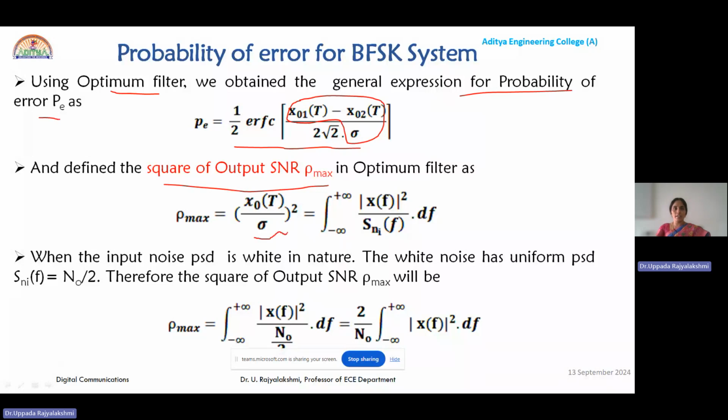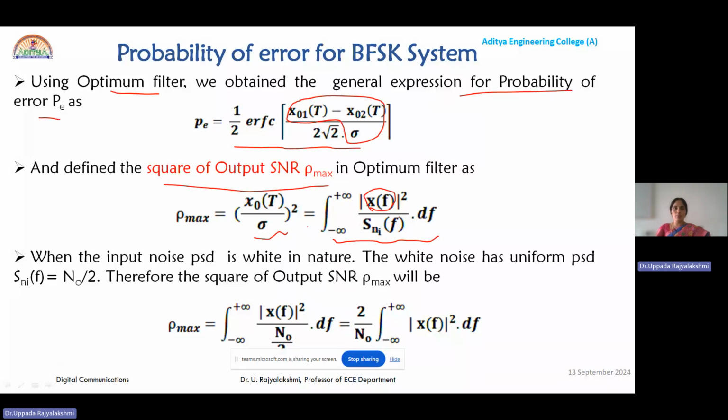And this can be related to the input magnitudes as the integral from minus infinity to plus infinity of |X(f)| square divided by SNI(f) df, where X(f) represents the change in the input signal magnitude in frequency domain, and SNI(f) represents the PSD of the input noise component.